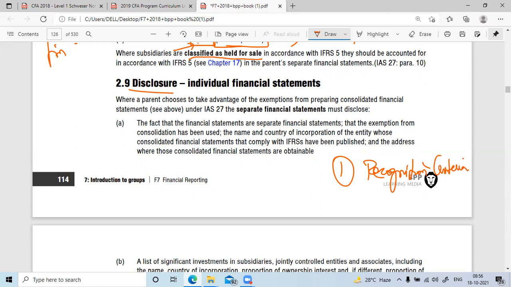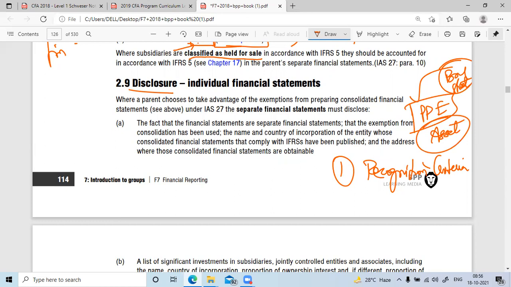That is, if I tell you property, plant and equipment, if I give you this word and ask you, where are you going to show this? You will definitely tell me, sir, I'm going to show this in the balance sheet. I'll ask you why. Because property, plant and equipment matches with the definition of an asset. So when it matches with the definition of an asset, the recognition criteria is almost done there.